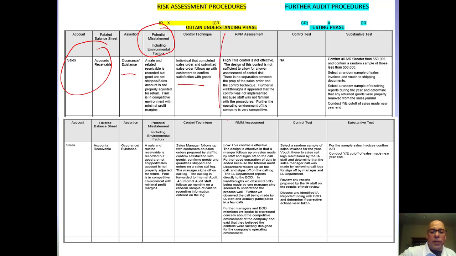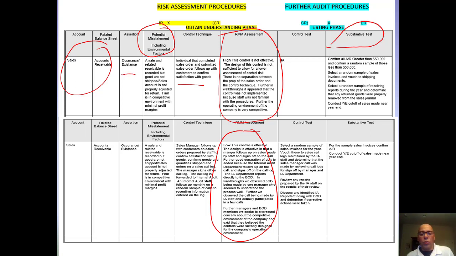And in this case, I remember we said we didn't like the design, we didn't think it was implemented, so we bypassed the testing of operating effectiveness and went straight to our substantive procedures. In the other example, we liked the design and the implementation of the controls, so we had to do what? Test operating effectiveness of the controls. That's what we did here. And then we went ahead and did our substantive procedures. Always have to do substantive procedures.